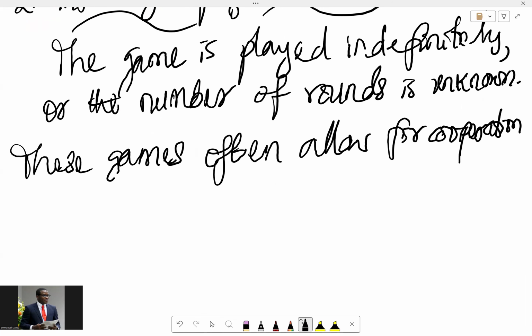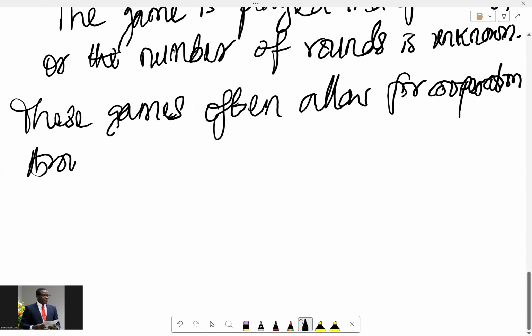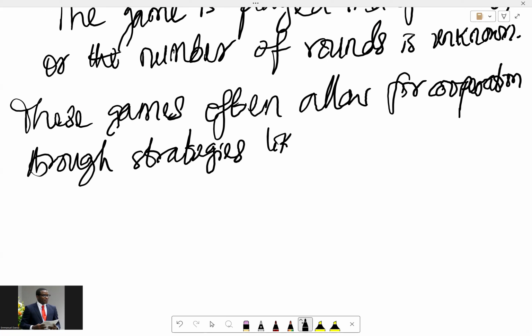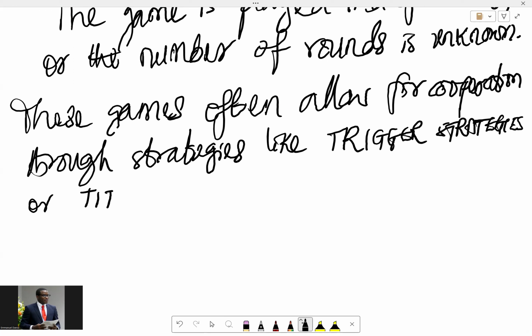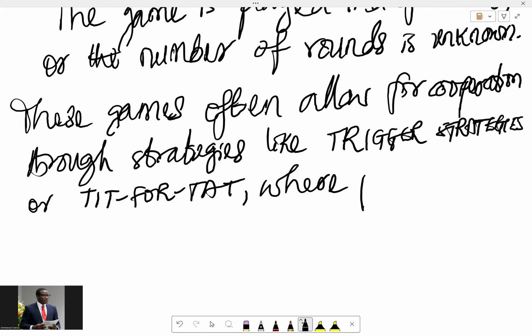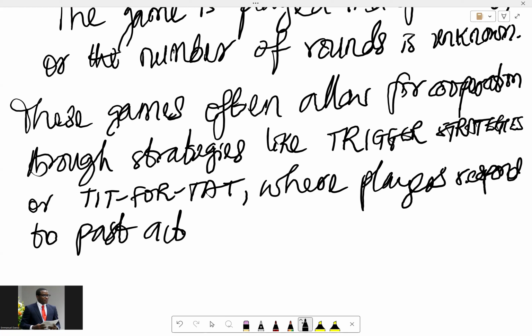So these games often allow for cooperation through strategies like trigger strategies, or tit for tat, where players respond to past actions to enforce cooperation.